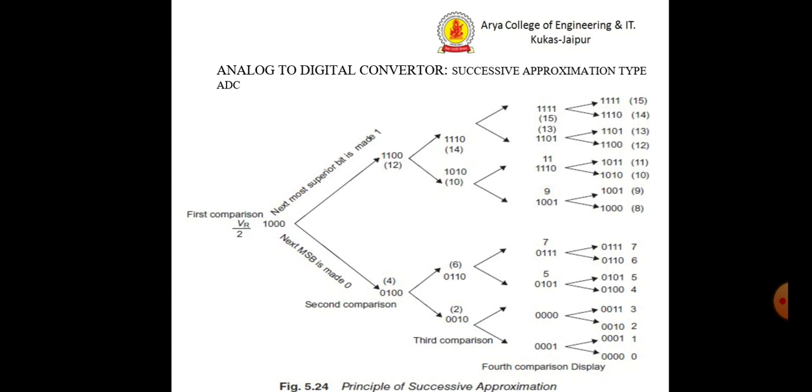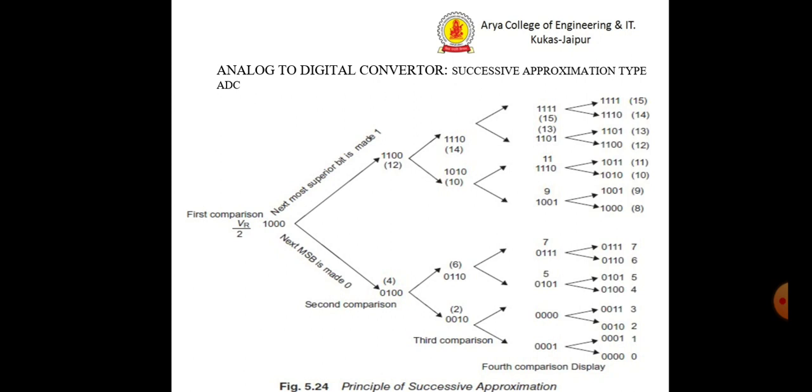When the first comparison is made with the reference VR by 2, if our applied input is less, the second comparison is made with VR by 2 minus VR by 4, that is VR by 4. If the input is still less, the third comparison will be made with VR by 4 minus VR by 8, that is VR by 8.